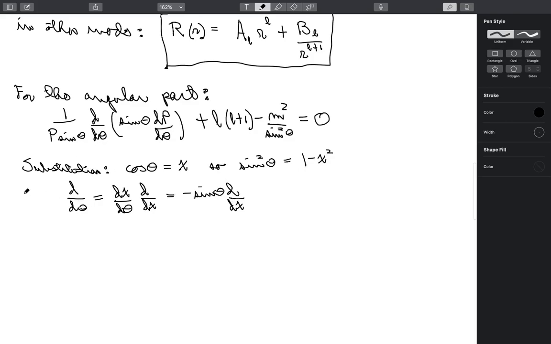So what do we get? We get minus 1 over P d dx of the parenthesis. Now I've got d theta P, but d d theta is minus sine, so I get a minus sine squared theta with now the d dx of P.